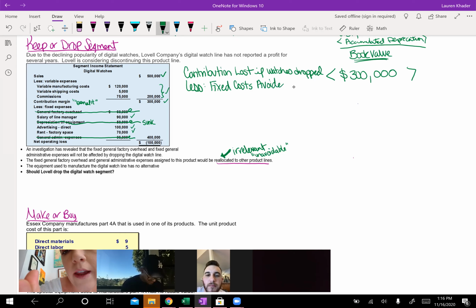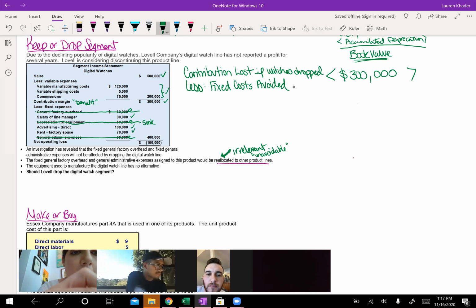And we're comparing the contribution margin lost, the benefit that we're giving up, to those fixed costs that we're going to avoid. So if we drop this, these will completely go away or partially go away. So we have the salary of the line manager.